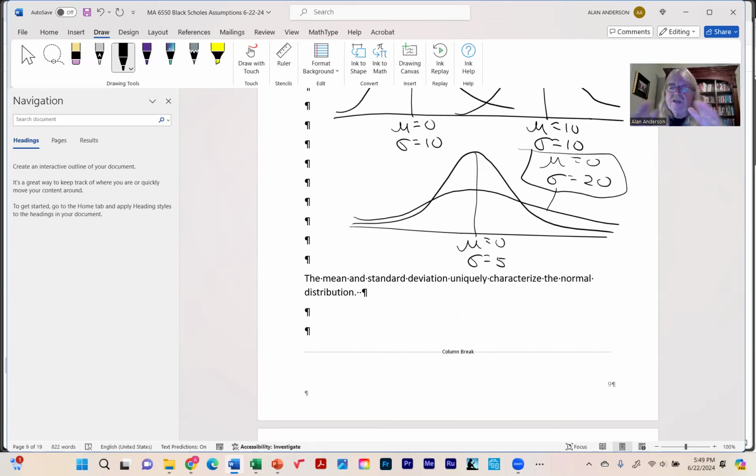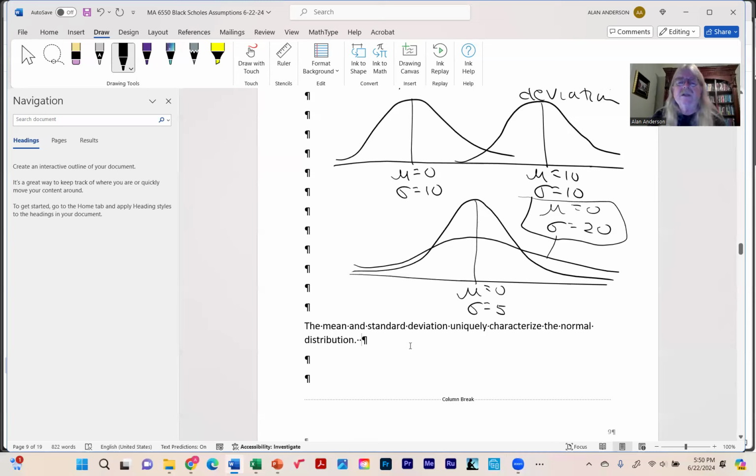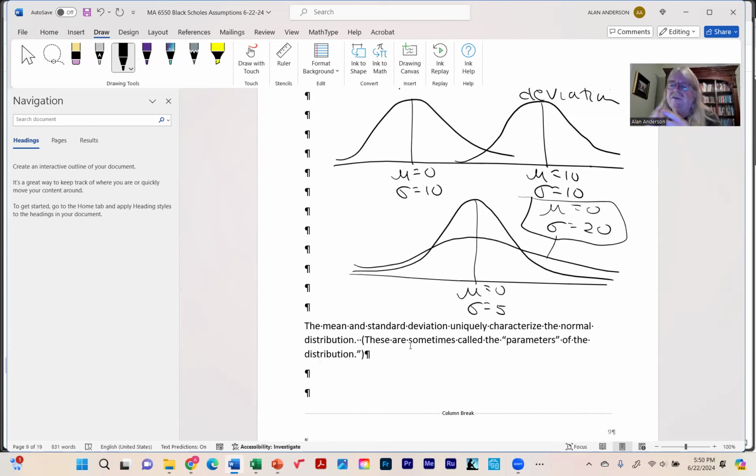Okay, it tells you the shape, the location, and it also will determine the probabilities for any given values. By the way, these are sometimes called the parameters of the distribution, meaning that those are the ones that characterize its behavior.